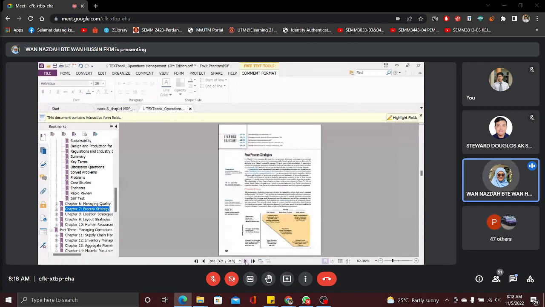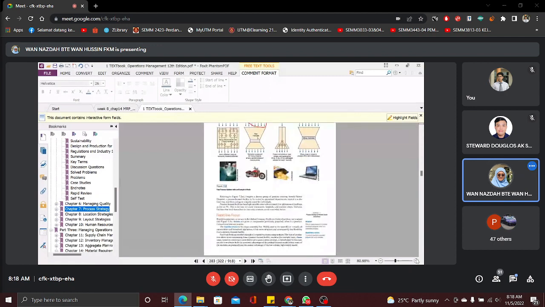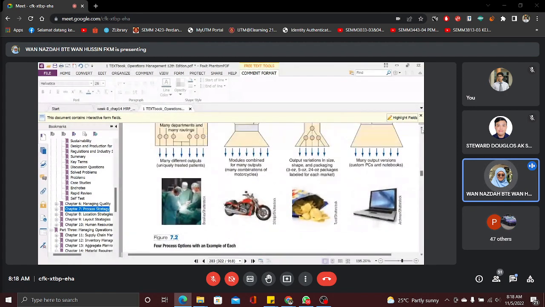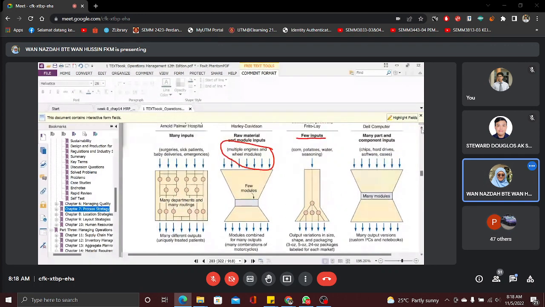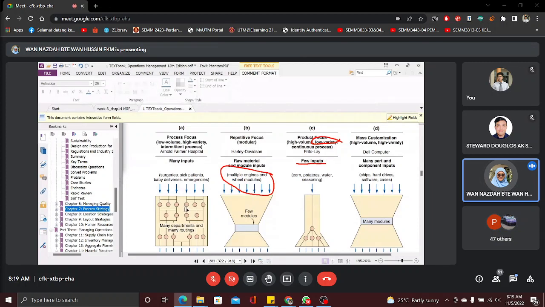Okay, are you following? All right, so this is for process strategy. Kalau kita tengok kat sini, this is the type of business in your company. Produk dalam kilang awak ni dia menggunakan proses fokus ke repetitive focus ataupun modular ataupun product focus ataupun mass customization.